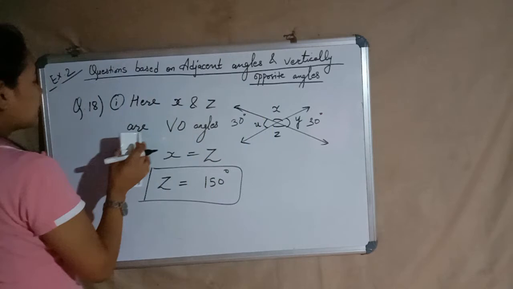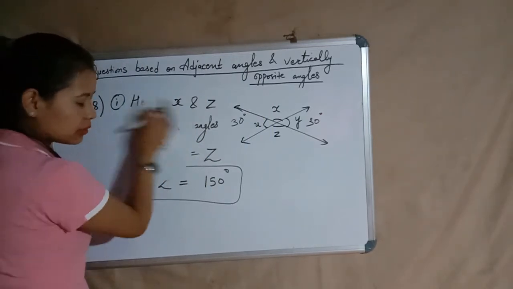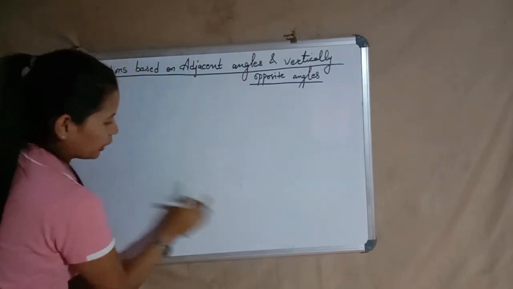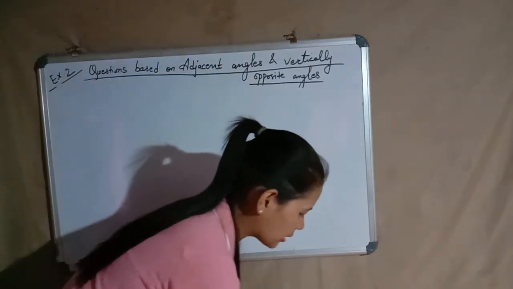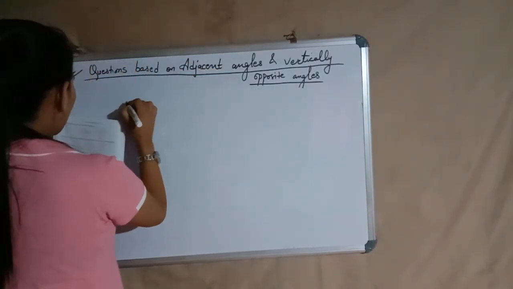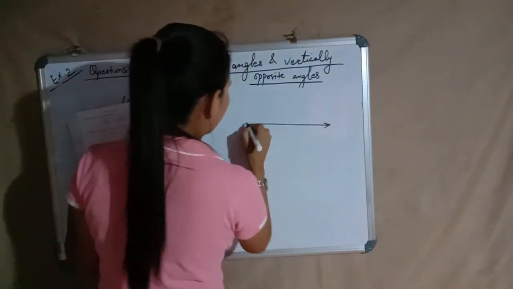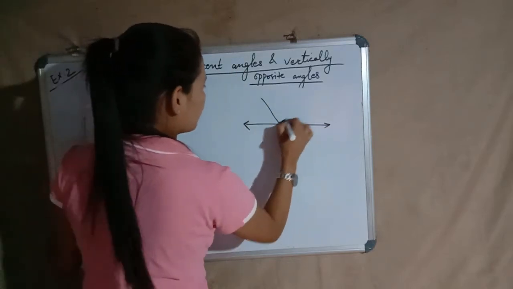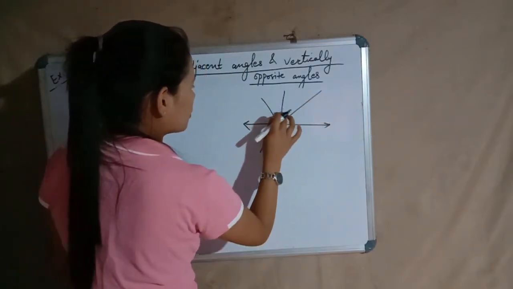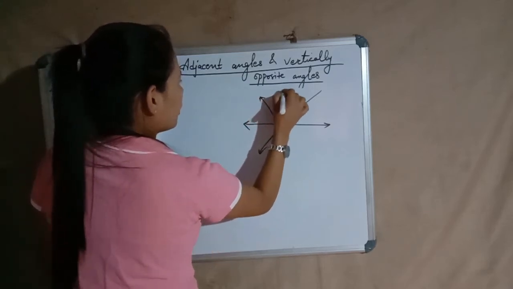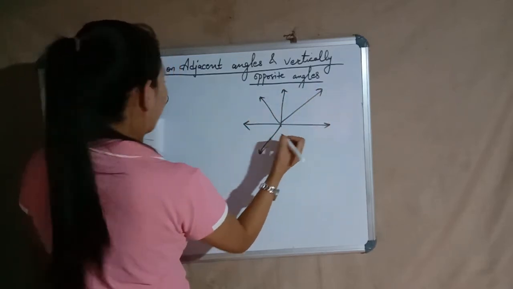So this is it. And I'll be doing one last question, question number 16, which is based on a complete angle. There are a certain number of angles given. I'll be doing just the first part. Here you have a diagram. I think there are 6 angles involved, and the measures of a few angles are given.